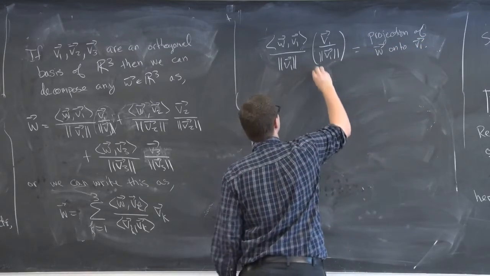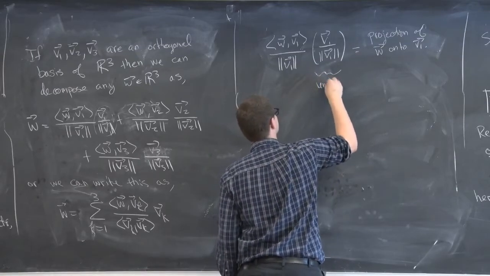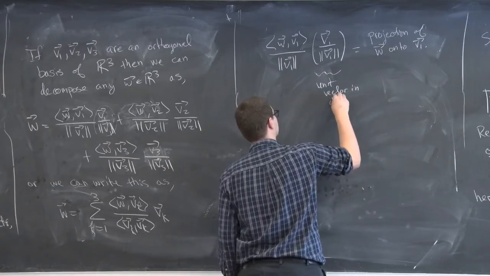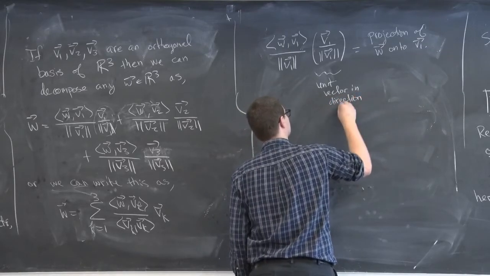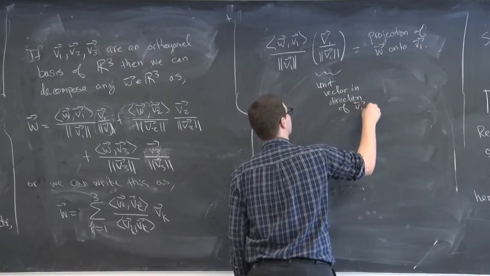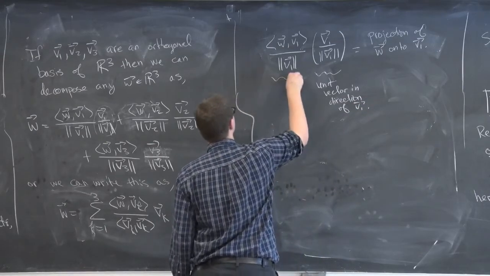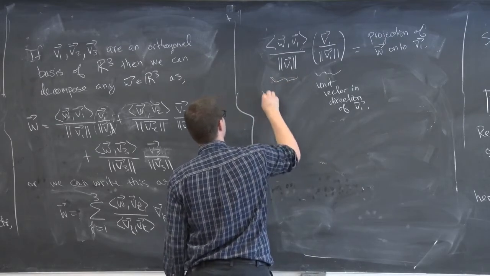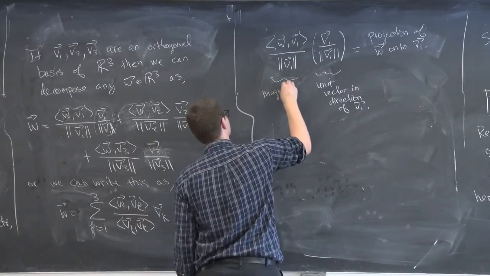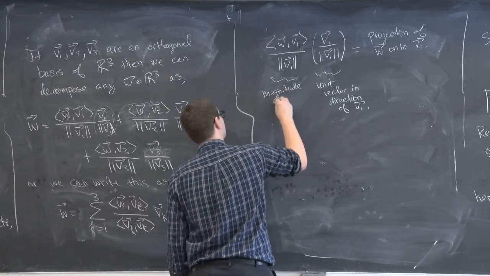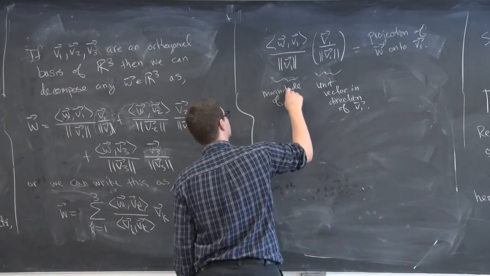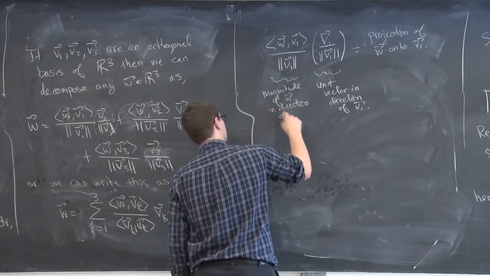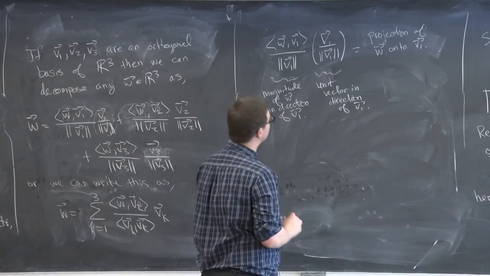This piece here is the unit vector in the direction of V1. And this thing here is the magnitude of W in the direction of V1. Now let me do the picture here.